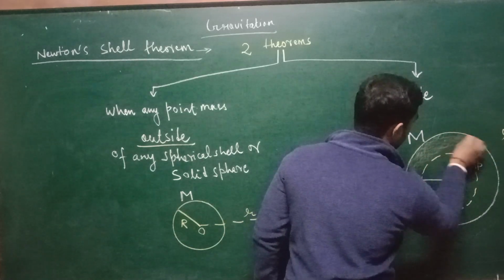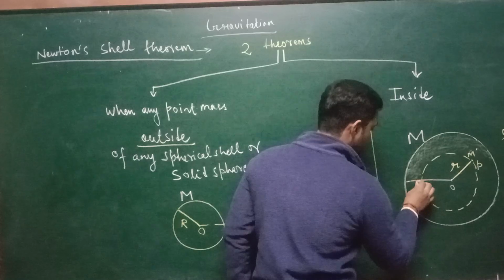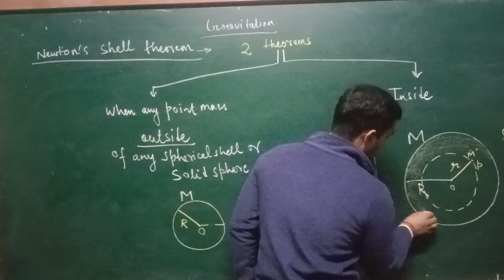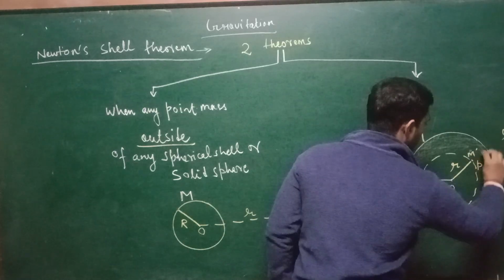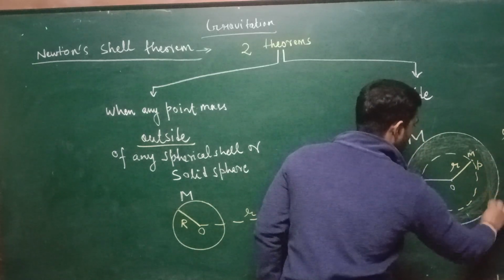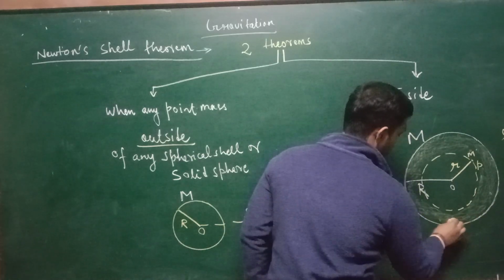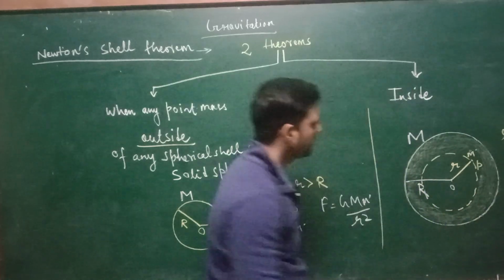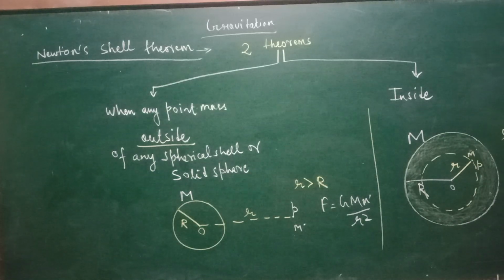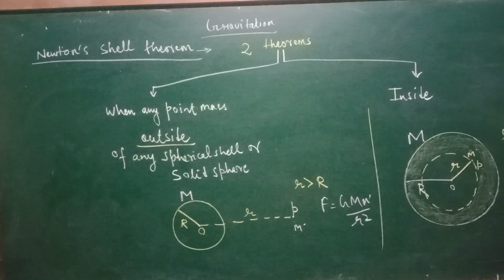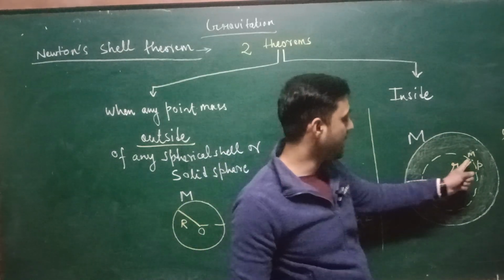This mass has to be neglected in order to calculate the total gravitational force experienced by this point mass m dash due to the presence of this bigger shell. The mass of this shaded portion has to be neglected in order to have the exact answer, which is the gravitational force experienced by m dash mass.